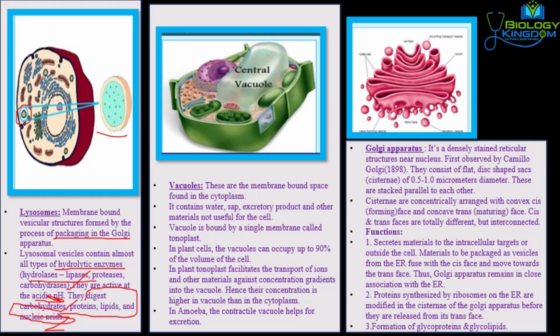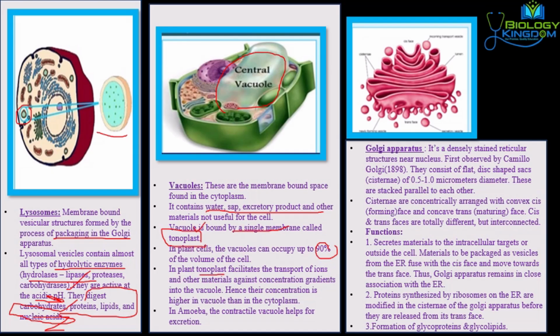Next, coming on to the vacuoles, the centralmost part present inside the cell is the vacuole. It has water, sap, and all the excretory products present in it. It is a single membrane bound organelle, the membrane being known as tonoplast. In plant cells, almost 90% of the space is occupied by this vacuole only.